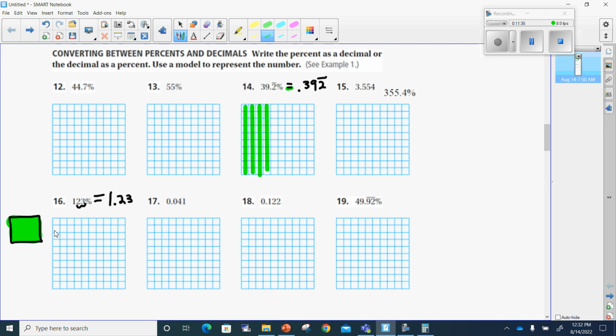And then I'd come over here and shade in 23 more. Oops, got a little bit overzealous there. There we go. And then 3 more. All right? All right, and the rest of these are for you to do.